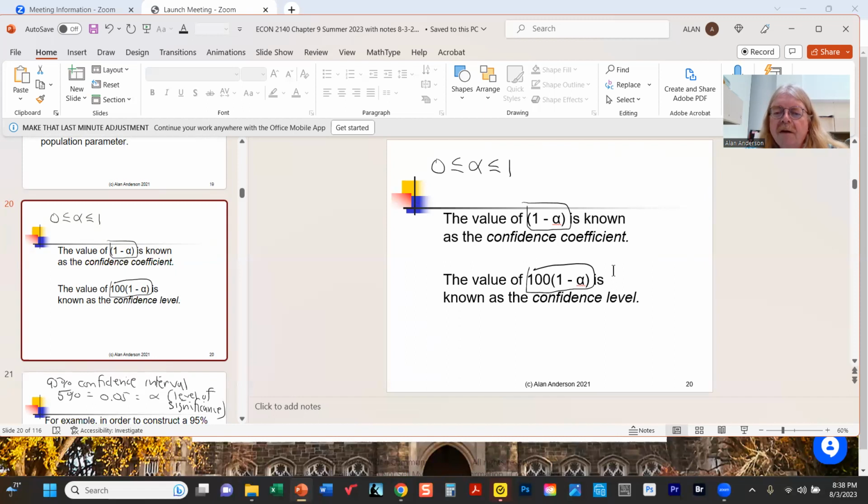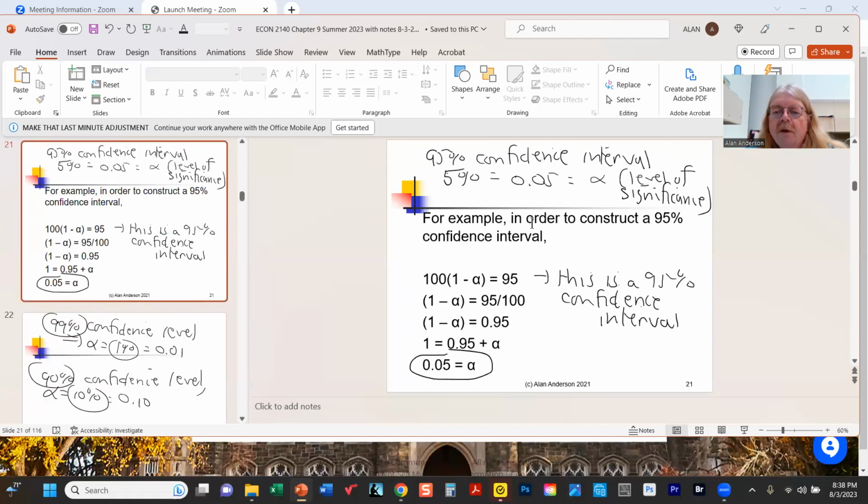When multiplying that by 100, it becomes a percentage. And up here, you can see that alpha is defined to equal something between 0 and 1. So therefore, this is why we can say that when we have a 95% confidence interval, the alpha is equal to 0.05 or 5%. And we'll see in the next course, actually, that this is known as the level of significance.